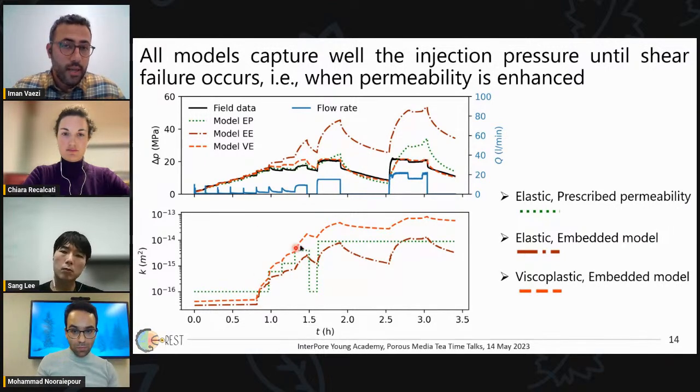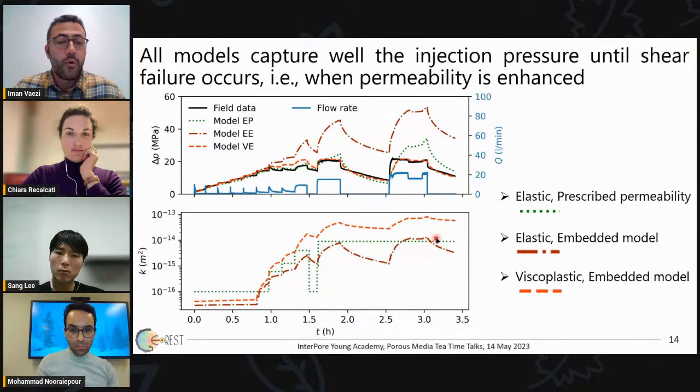This model allows us to simulate fracture reactivation and yields an additional permeability enhancement when compared with the elastic model. In this case, permeability enhancement is given by both elastic and plastic strains as shear slip accumulates. Plastic strain further enhances fracture permeability, leading to a smaller pressure buildup and thus to a better approximation of field data.